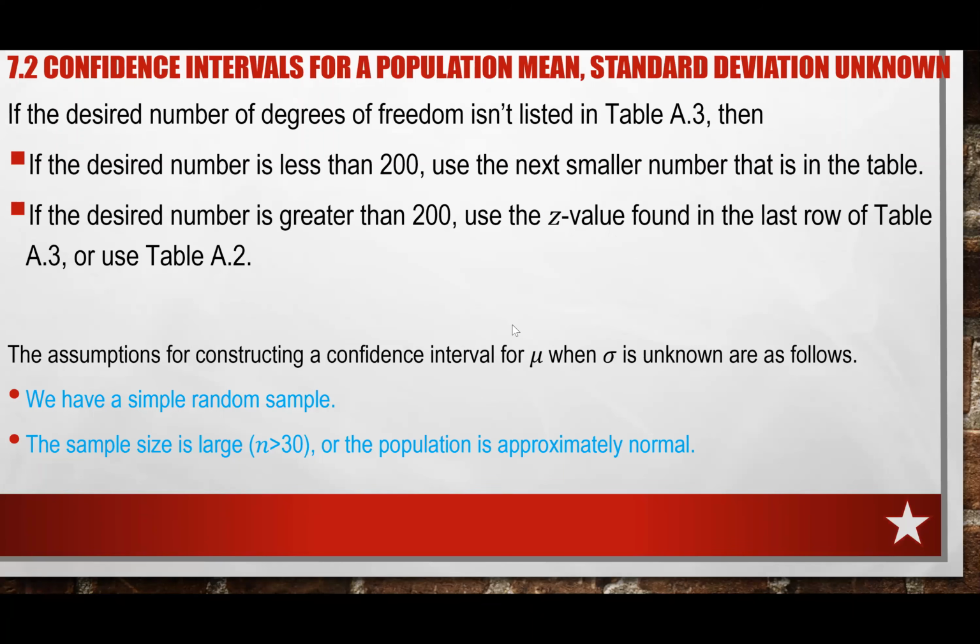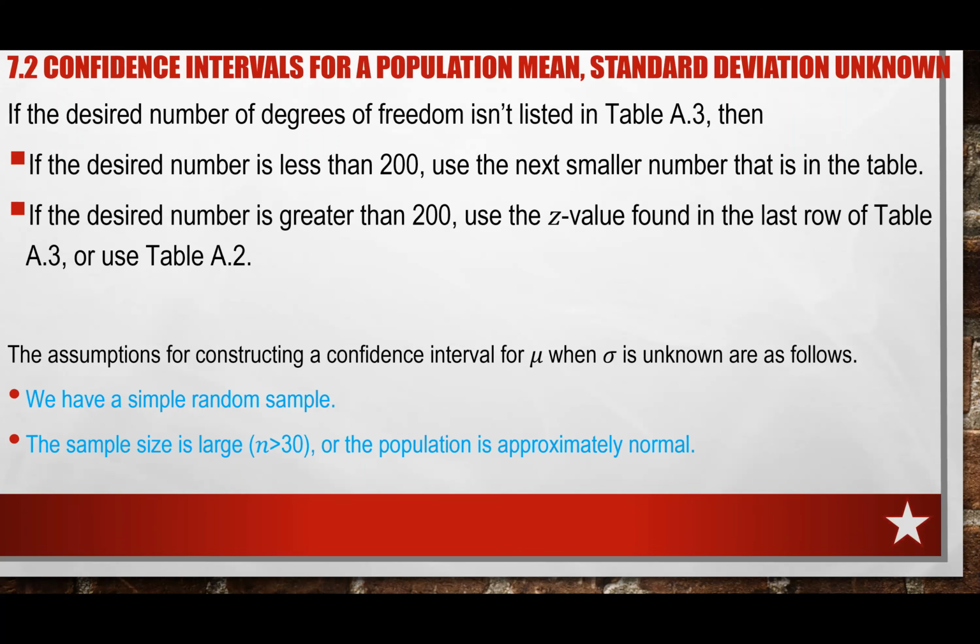As you will see a little later, if we have a humongous sample, then it basically becomes a z distribution. Okay, and that's what the statisticians found when they computed this distribution.